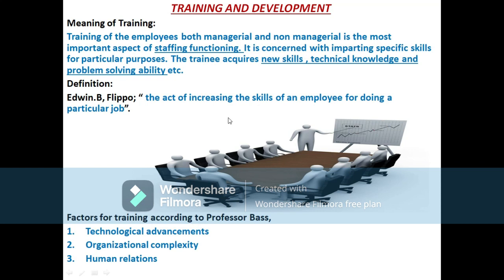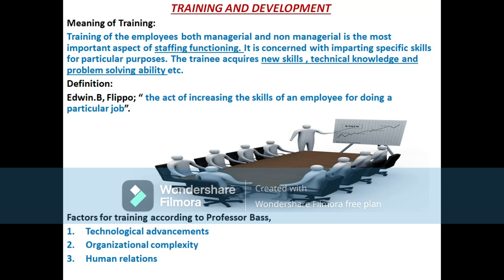Now, training is not something that is given only once to new employees. Training can be given not only to new employees but also to existing employees. New and old, both of them learn and receive training throughout their stay in the organization.